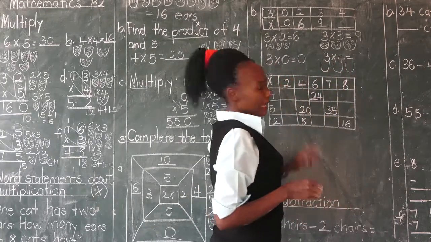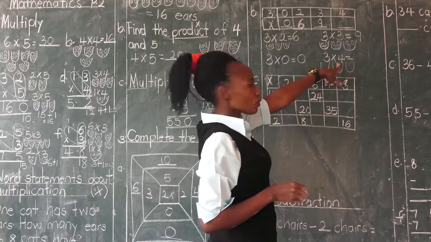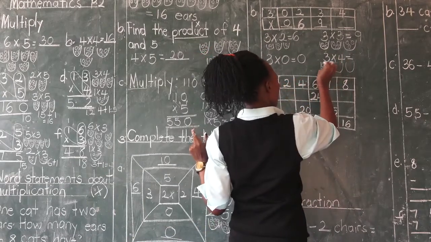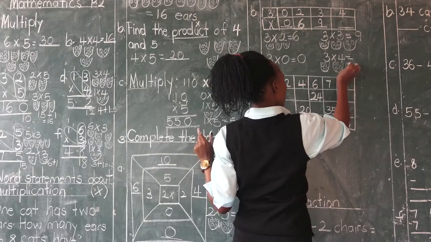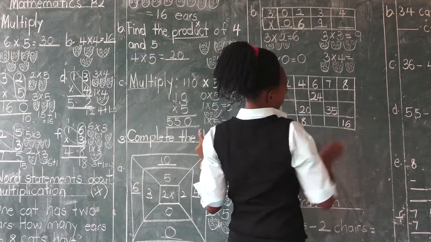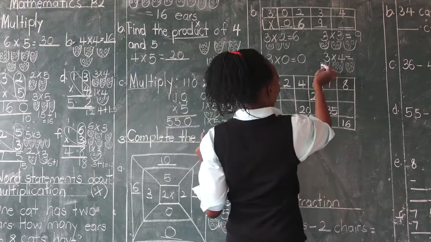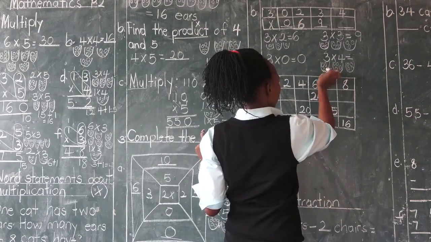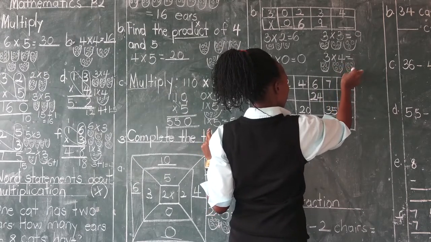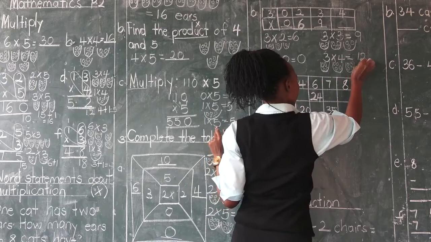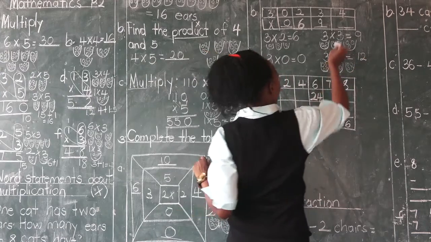Now we are going to put there 4 in each group. 1, 2, 3, 4. 1, 2, 3, 4. 1, 2, 3, 4. Now let's put them together. 1, 2, 3, 4, 5, 6, 7, 8, 9, 10, 11, 12. The answer is 12. Then we put it here.